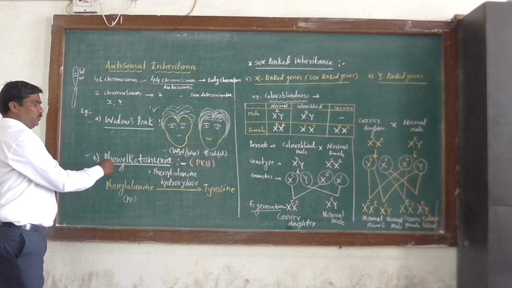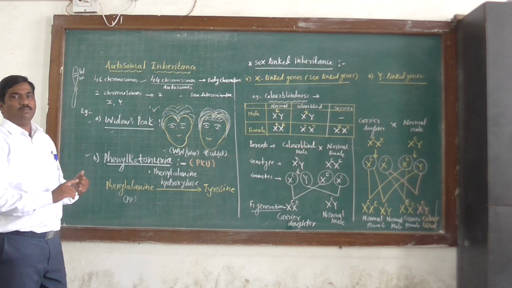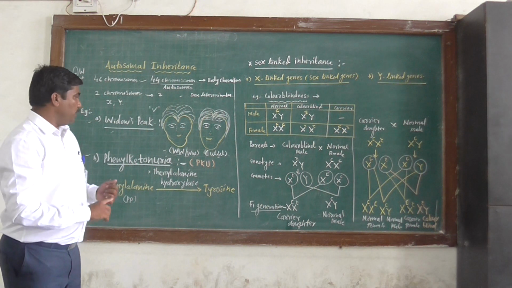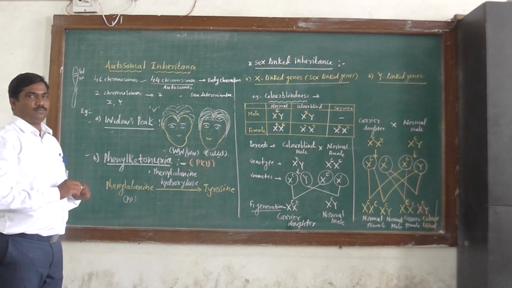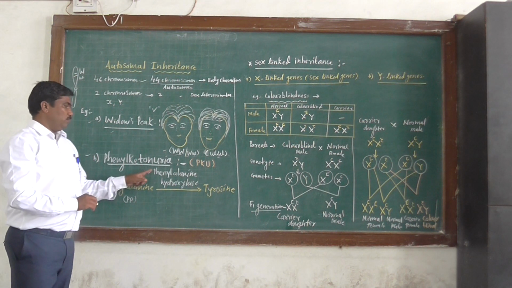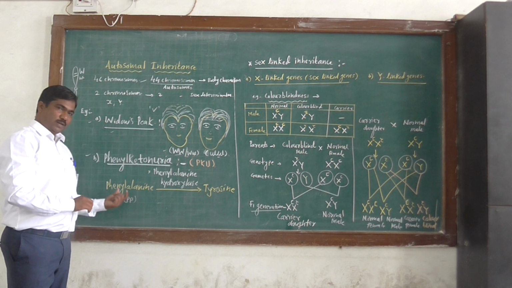Remember, phenylketonuria is an inborn autosomal recessive disorder. It occurs due to the recessive gene, with both genes recessive in a homozygous condition.